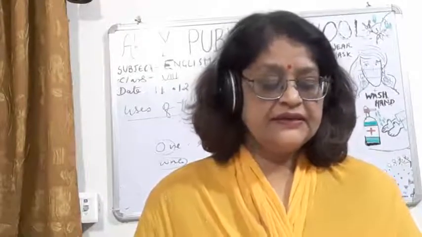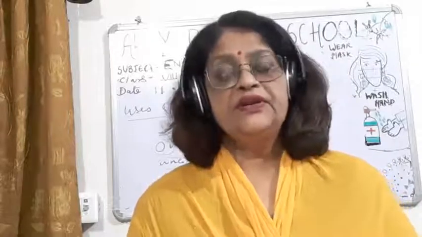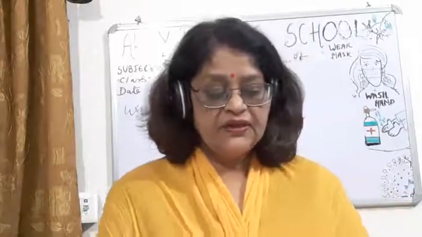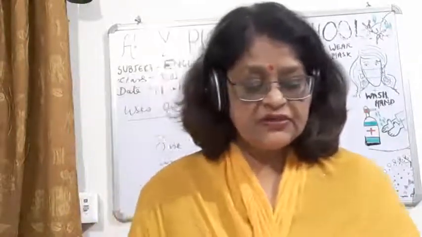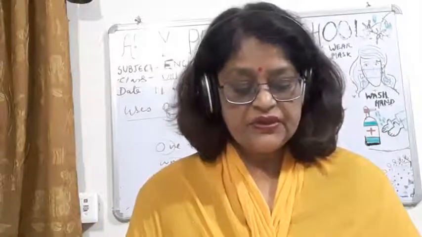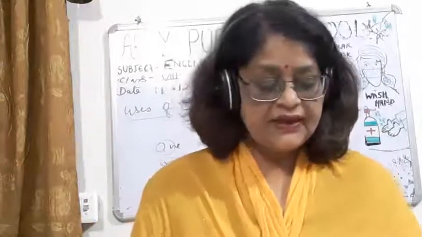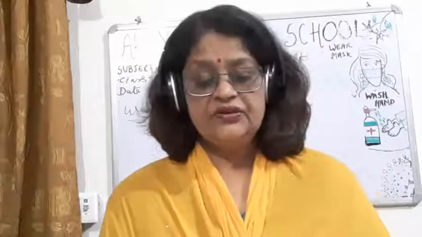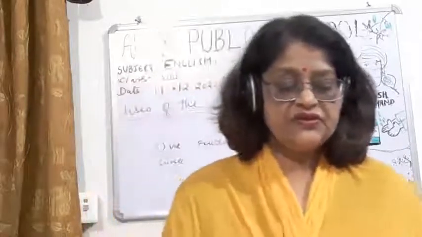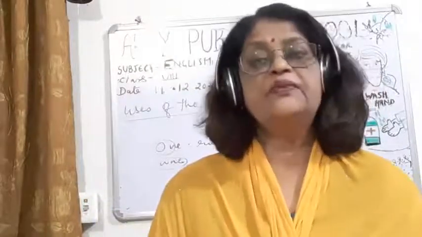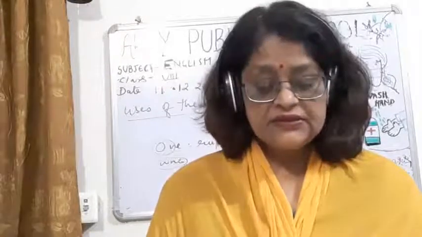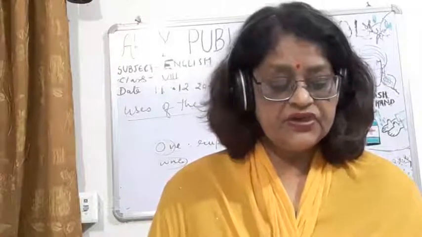Then children, I will be telling you about the second determiner, that is the demonstrative determiner. What is a demonstrative determiner? Demonstrative determiners are used to talk about persons or things that have already been mentioned.